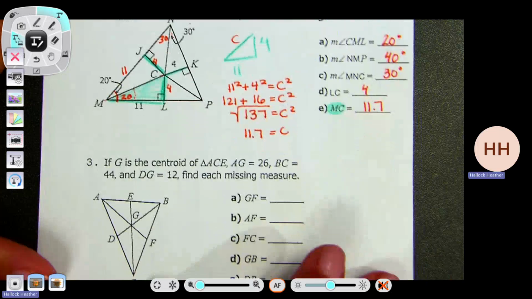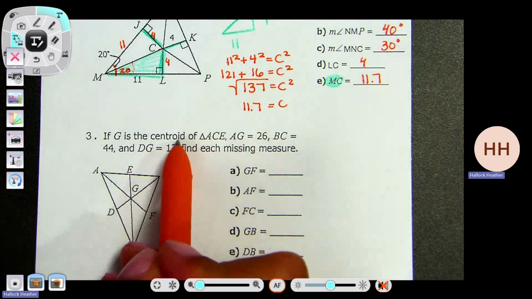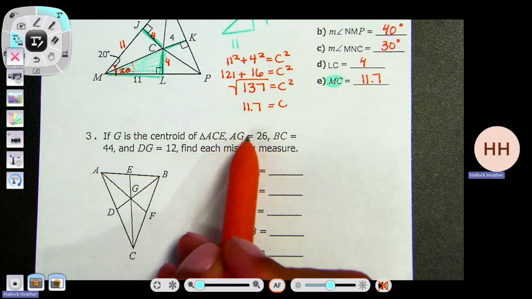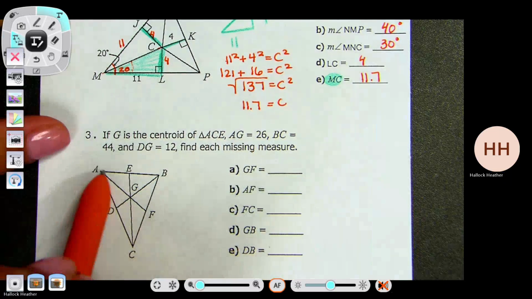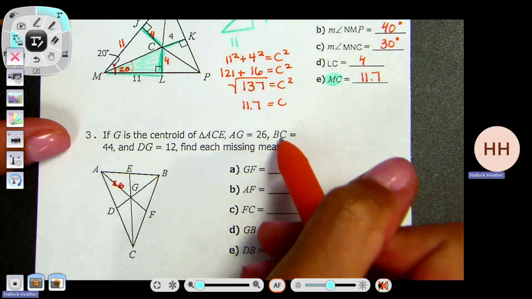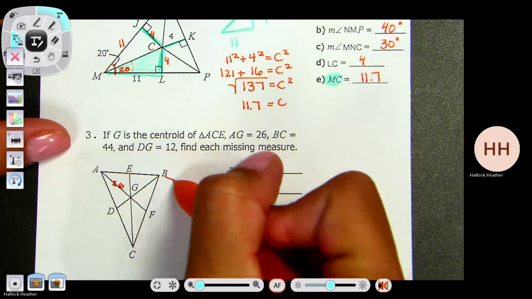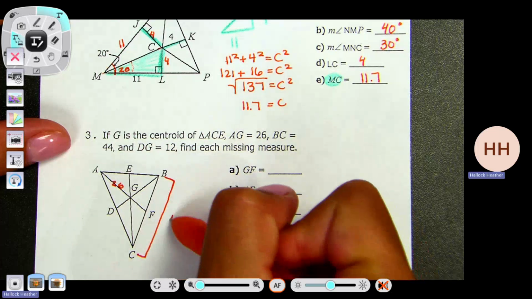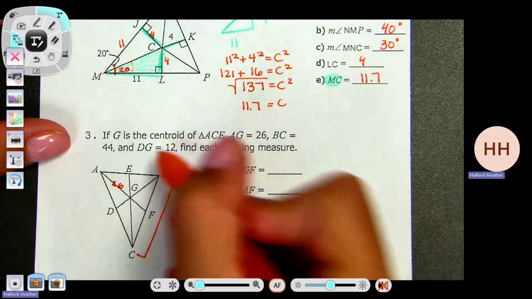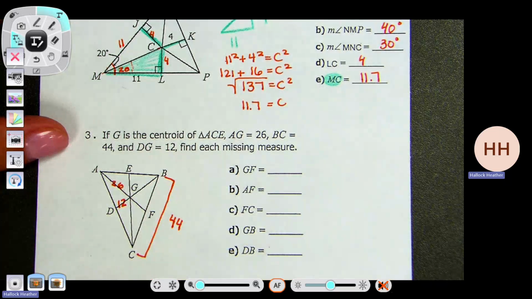The next one says if G is the centroid of ACE, AG is 26, the outside BC is 44, and then DG, this little piece, is 12. So I'm going to fill in what I can.